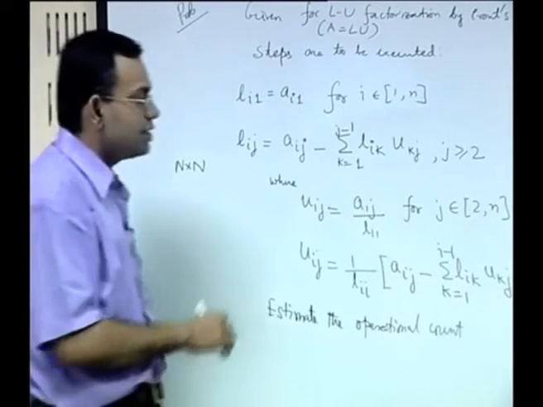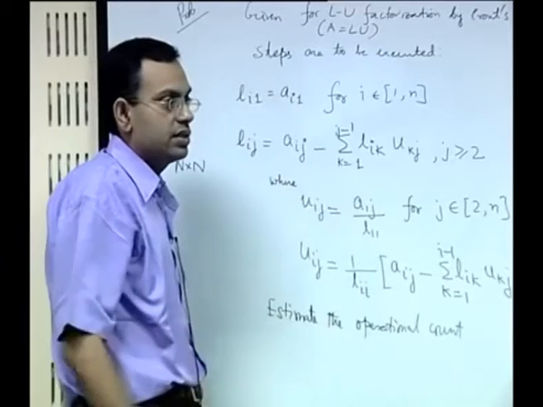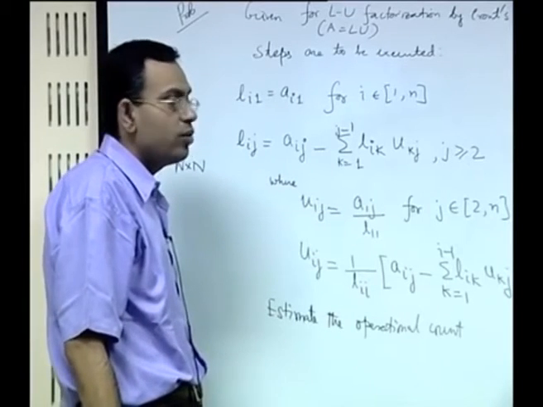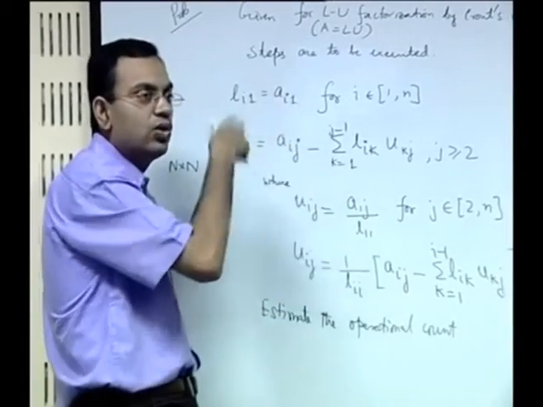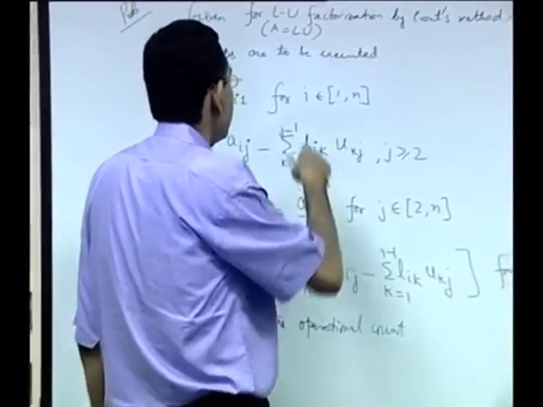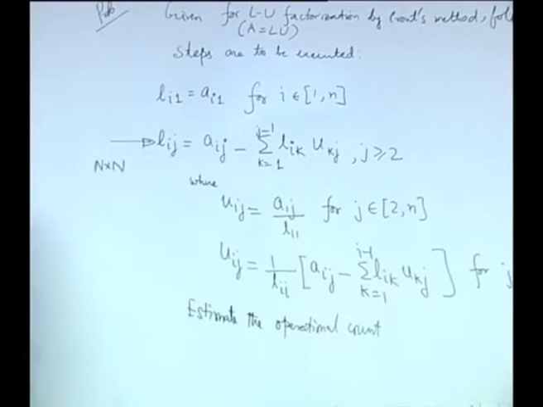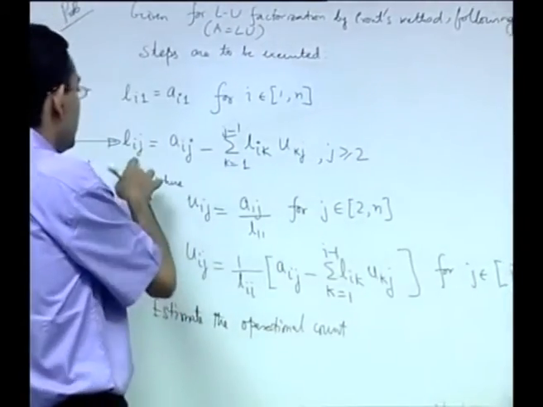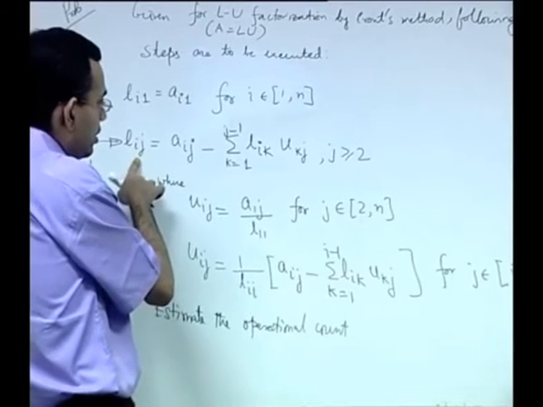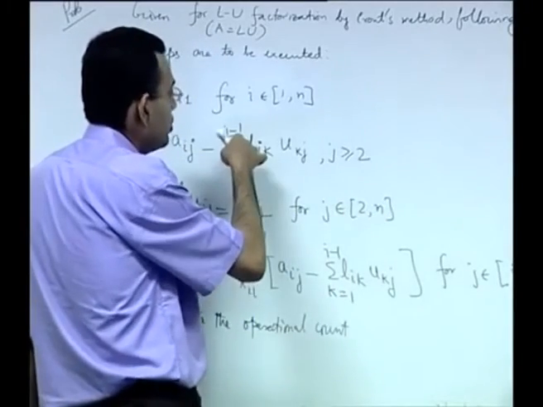That can be very easily assessed by looking into this system of equations. How do you assess that? Here you see the indices over which the for loop runs. So, first there is an index i, so look into this key step Lij, this step will tell you what the operational complexity is. You have i equal to 1 to n, then you have j, that is of the order of n, and k from 1 to j minus 1.